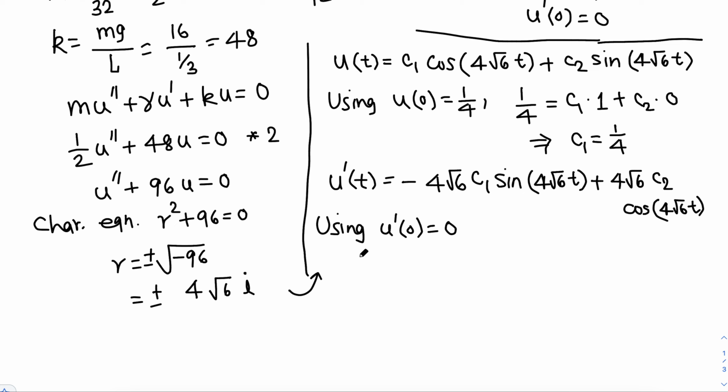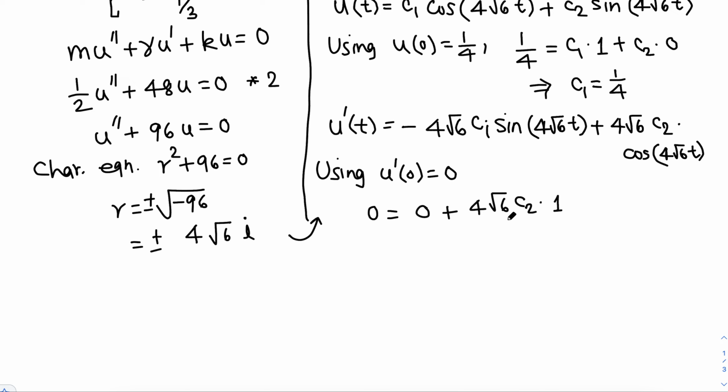So this u prime is 0 when t is 0. So look at here, sine 0 is 0, and 0 times this number is 0. Sine 0 means the whole term is 0. Plus 4√6 C2 times cosine of 0, which is 1.